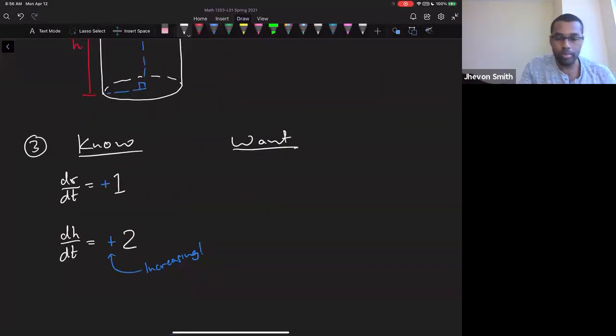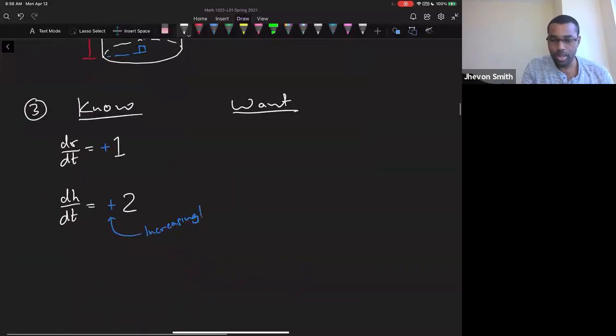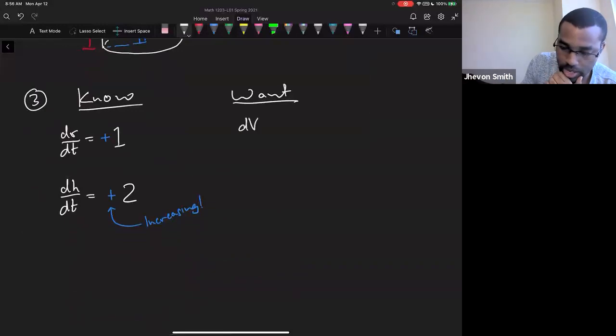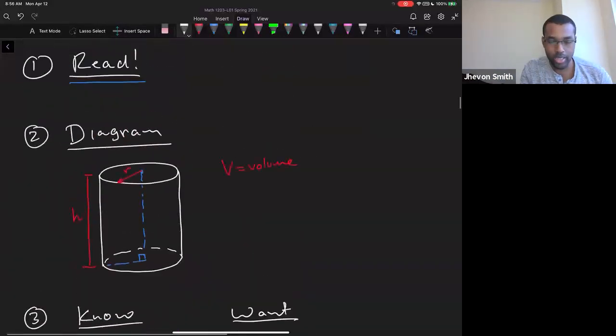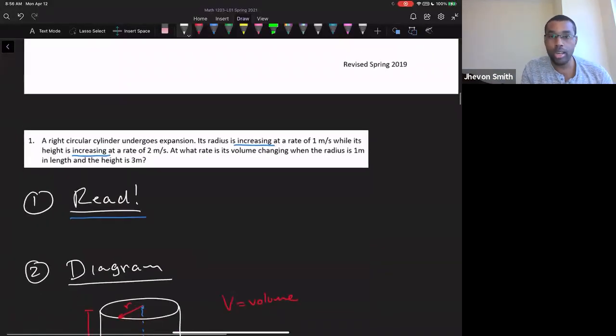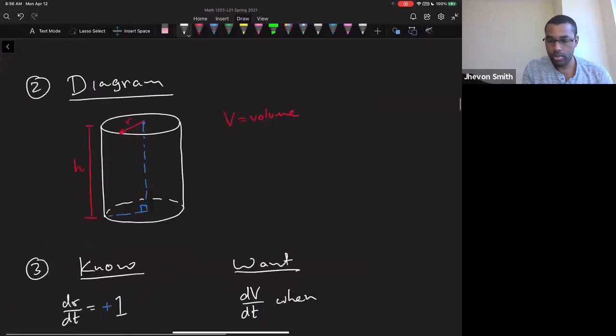Now, what do we want? At what rate is its volume changing? So we want dV/dt. When do we want it? We want it at a specific instance, when the radius is 1 and the height is 3.